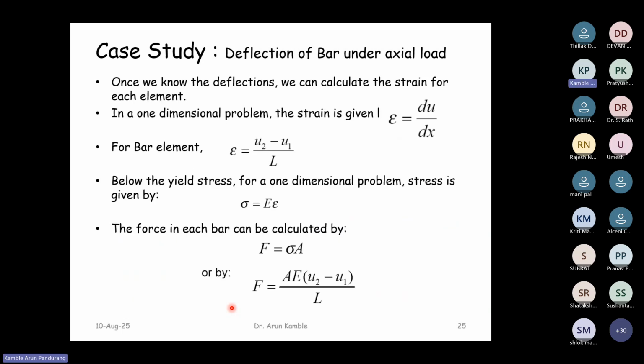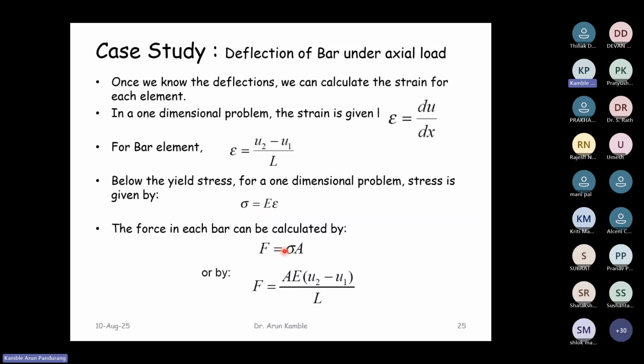Once we know the deflections, we can calculate the strain for each element. For the one-dimensional problem, the formula for the strain is du by dx, which is change in length upon original length. For our bar problem, the elemental strain is equal to U2 minus U1 divided by L. And this is the formula for the stress: sigma is equal to E into epsilon for the one-dimensional problem.